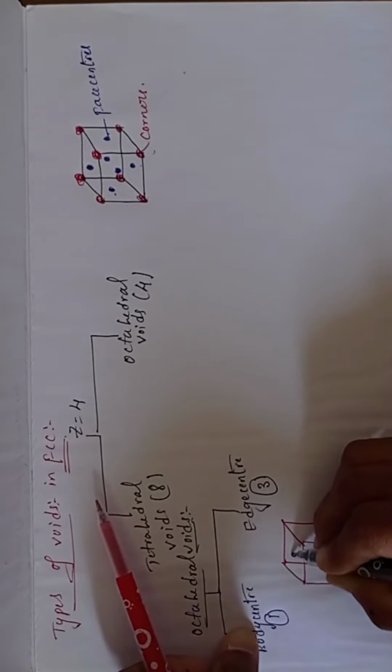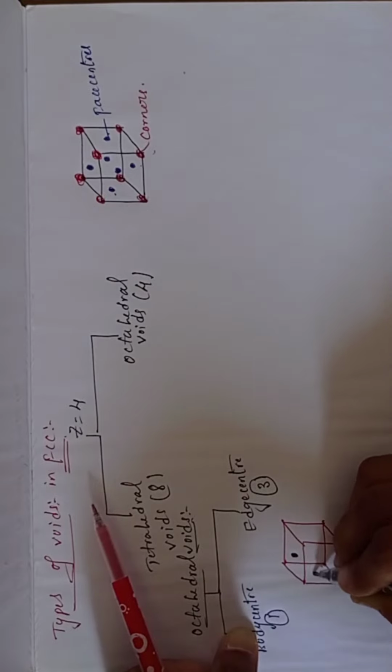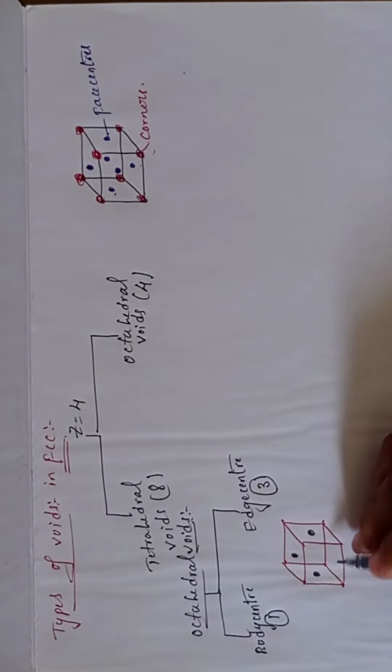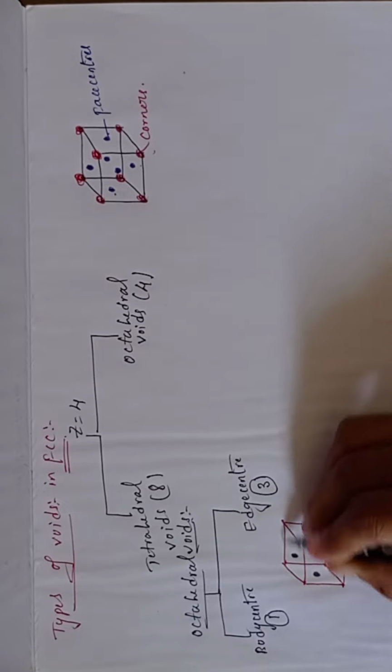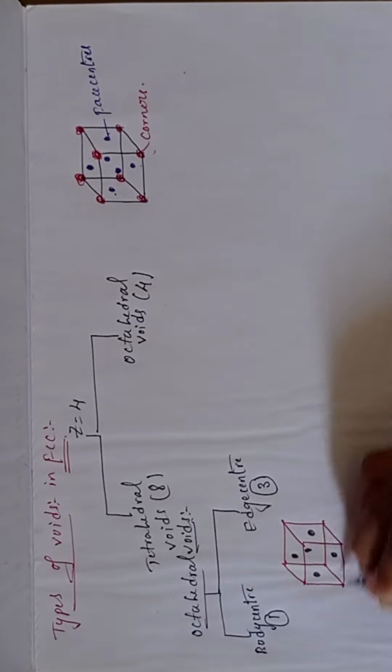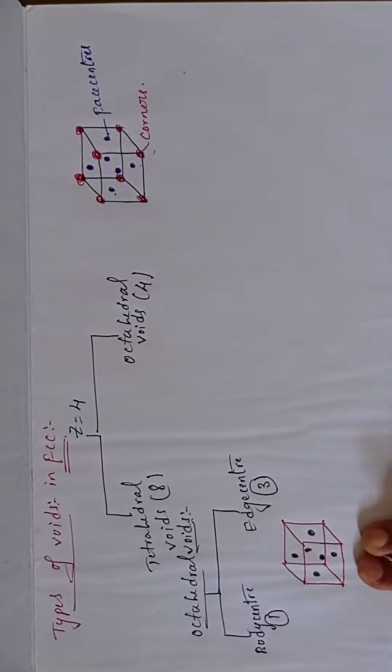This is the top face center, this is the left face center, this is the right face center, and this is the down face center. Understanding? And here this is the front face center, and this is the back face center. Clear, students? Only face centers I'm taking.